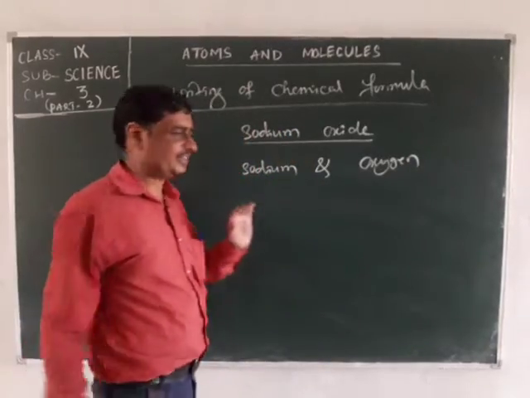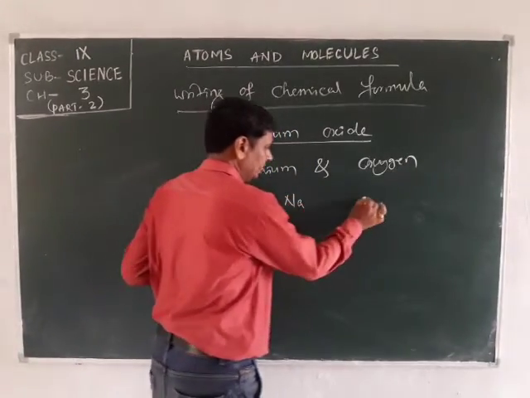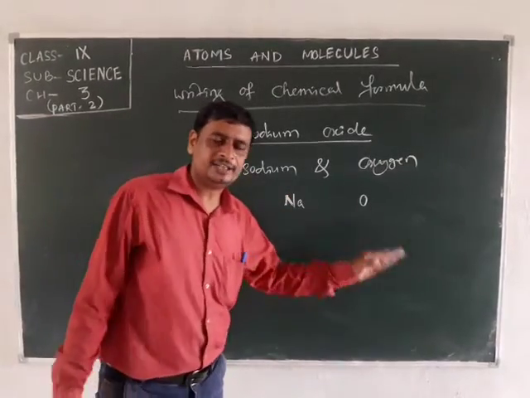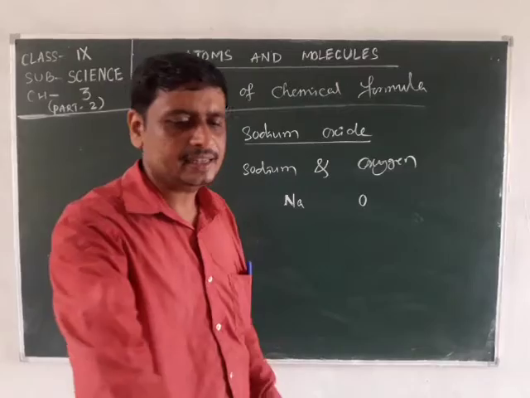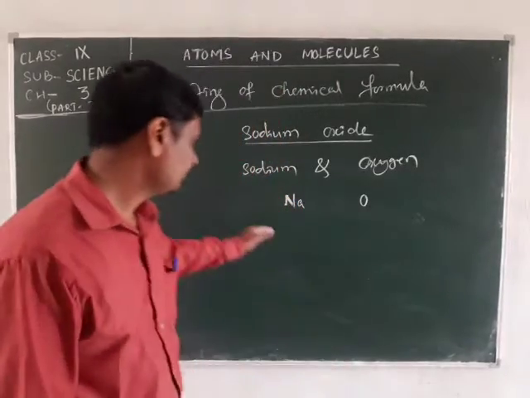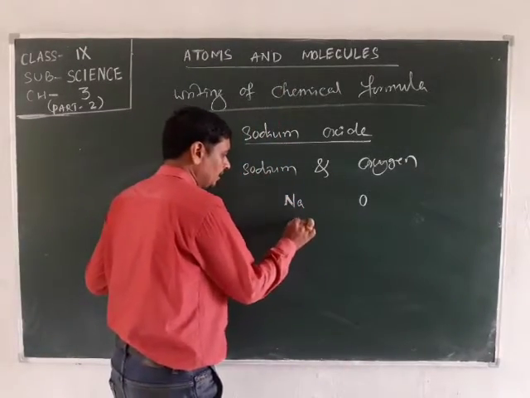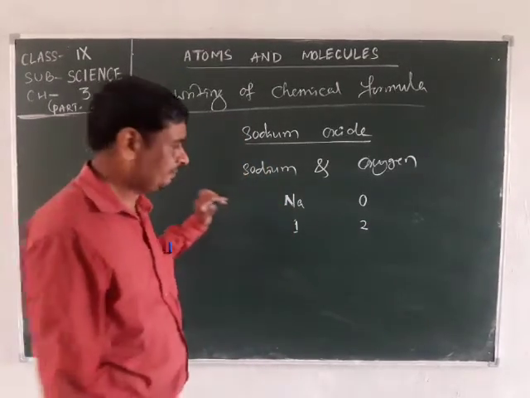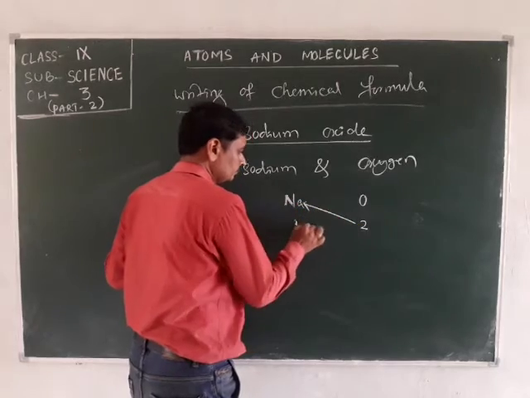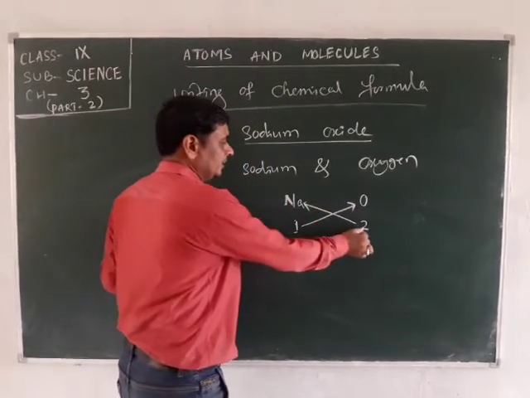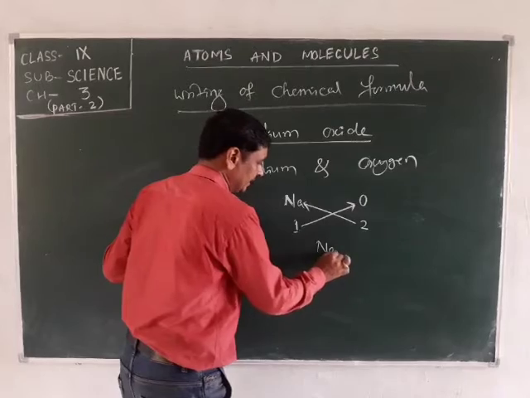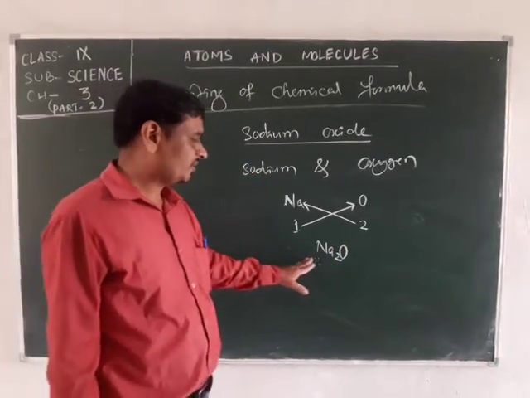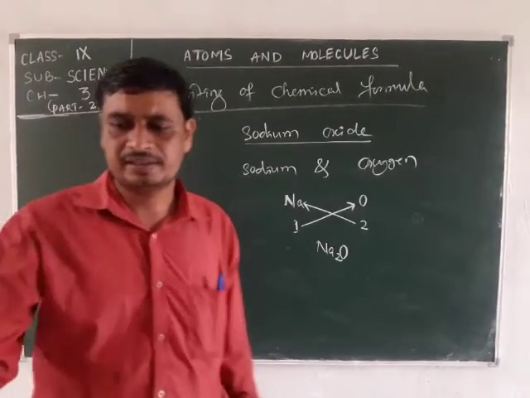Symbolically we write Na and O. Next we write the valency of each of these elements, that is 1 and 2. Now we cross them and get Na2O1, which becomes Na2O. Sodium oxide has the chemical formula Na2O.